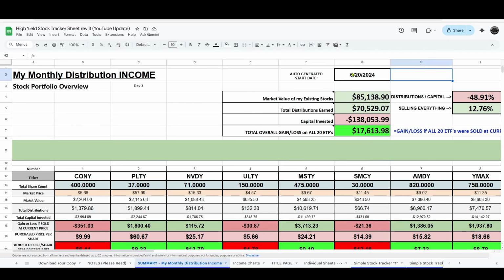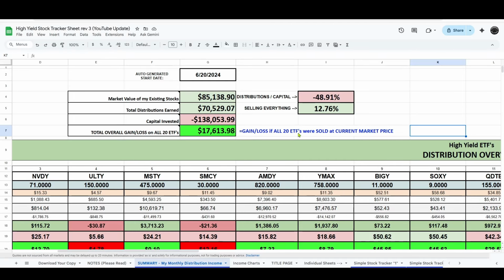That'll auto-populate for you. It'll also give you your market value of the existing stocks, the total distributions you've earned, your capital that you have invested, and of course, if you were to sell all of those ETFs that you currently have at the market price of each one, that is what you would actually make.